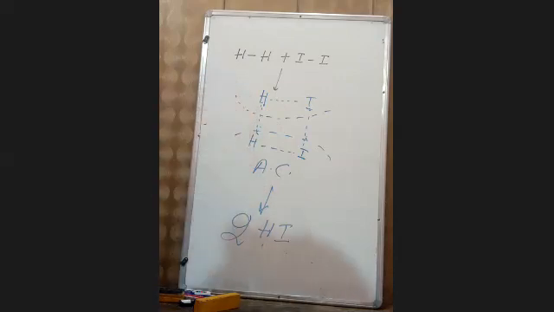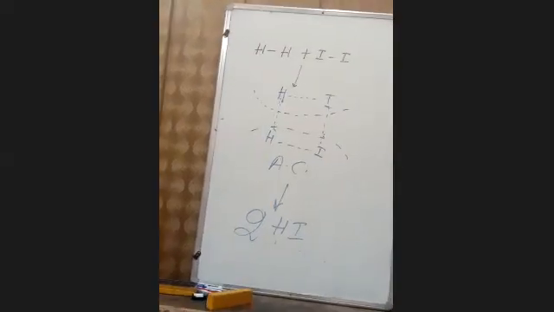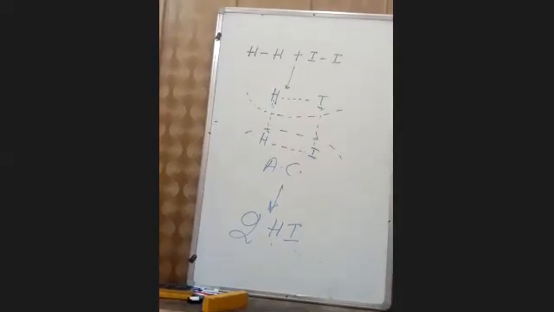Now, in today's lecture, I have discussed activation energy. So activation energy is a minimum extra amount of energy absorbed by the reactant molecules so that their energy becomes equal to threshold energy.